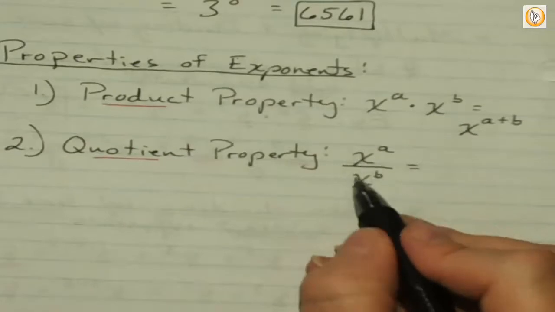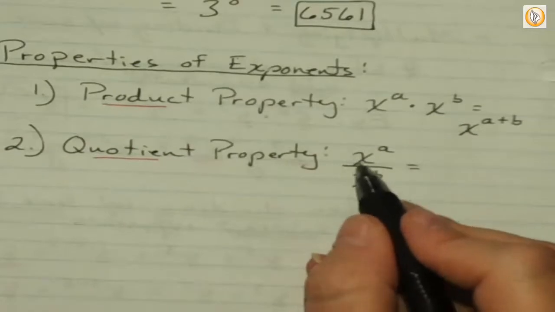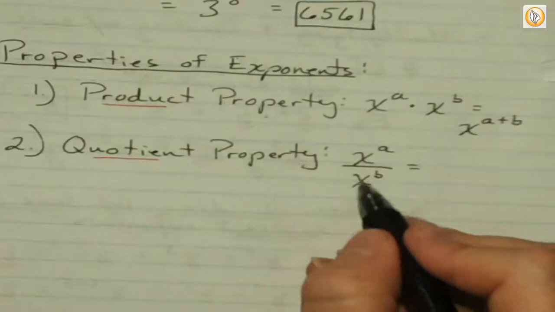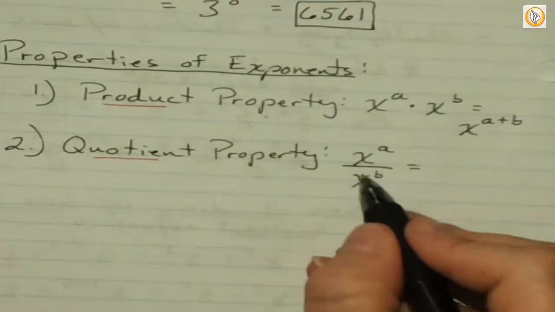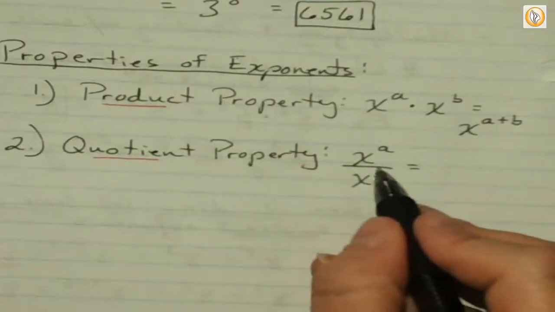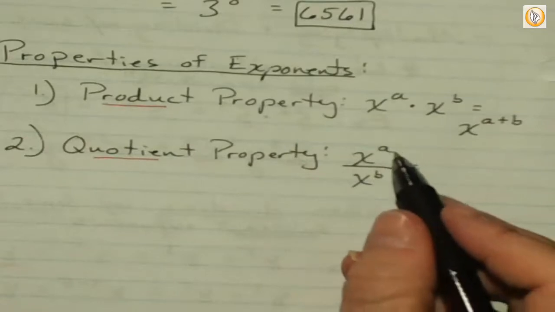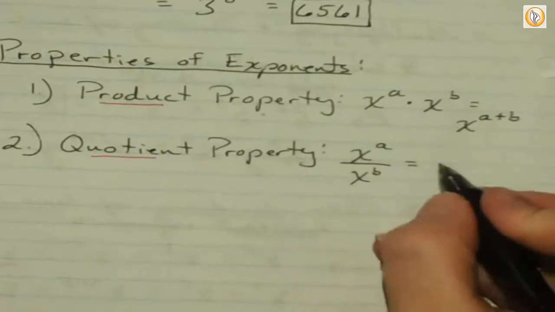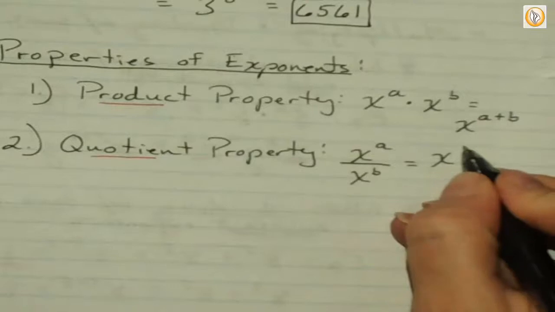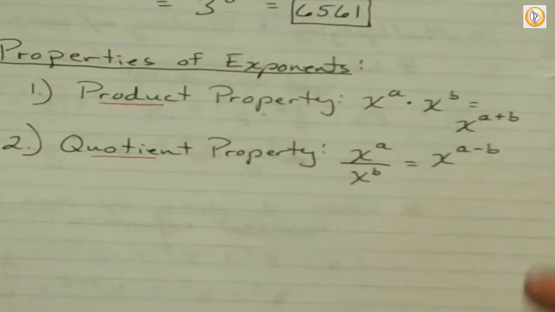Emily, are the bases the same? And what operation are we doing? Division. So what do I do to the exponents? So it's x to the a minus b power.